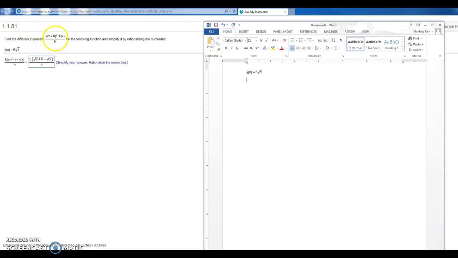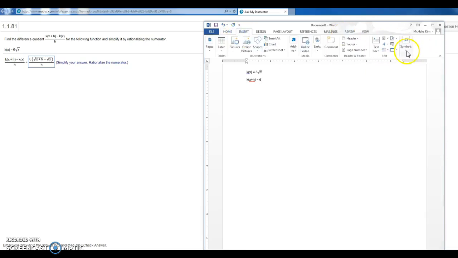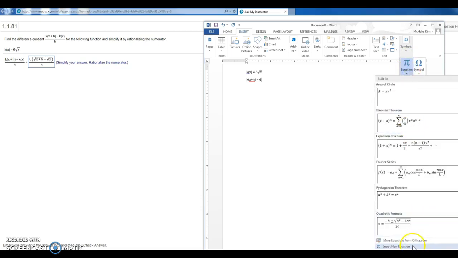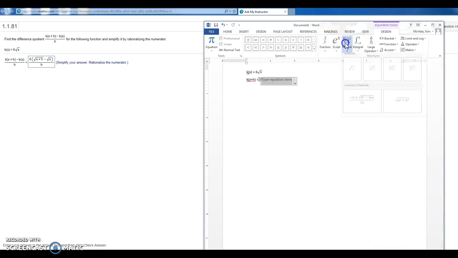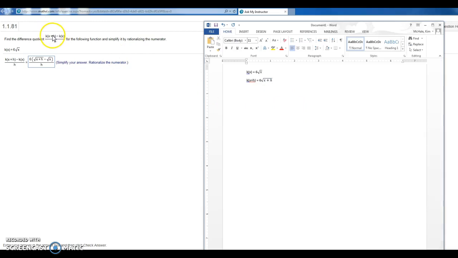The first thing I'm going to do is find the k of x plus h piece of this numerator. k of x plus h is equal to 6 times the square root of x plus h, because instead of the input being just x in that square root function, the input is x plus h.